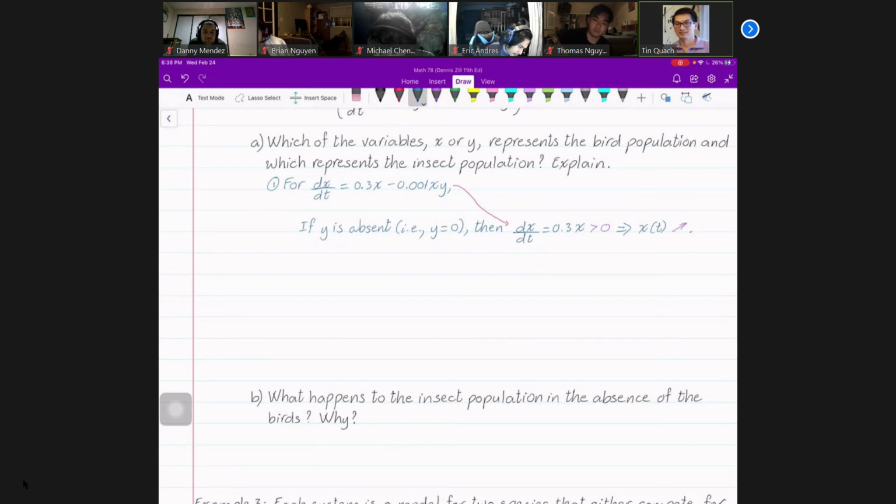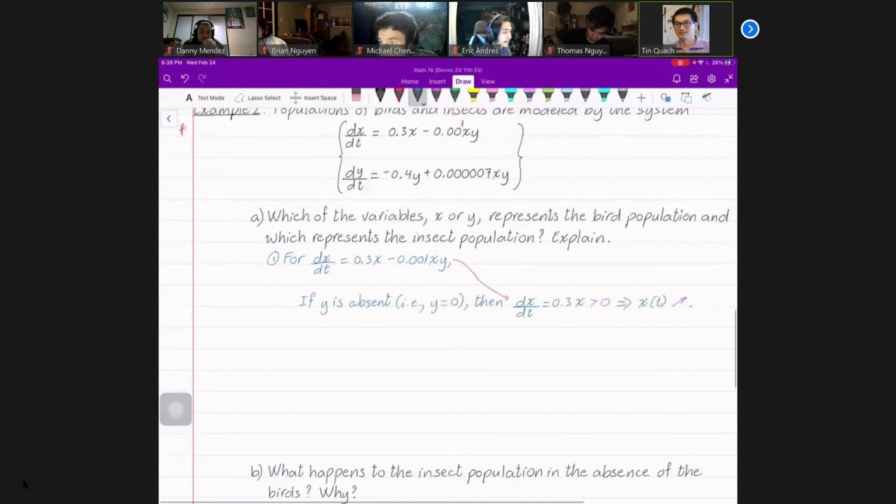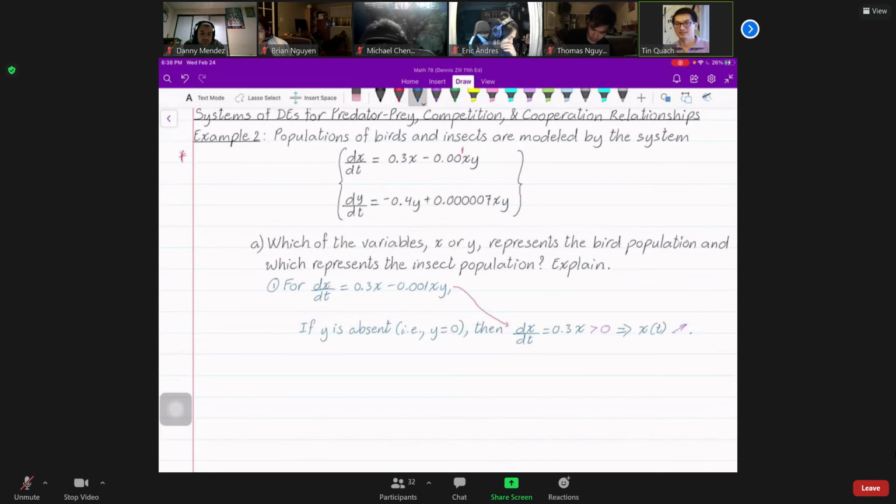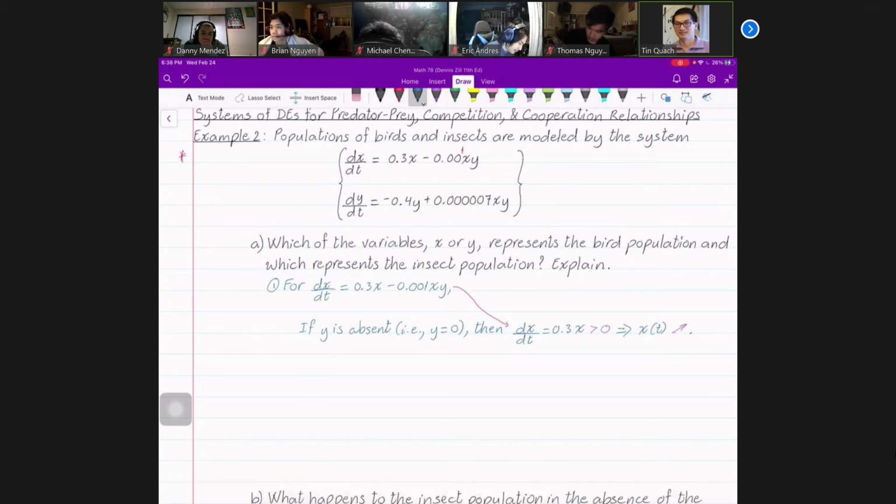So can you tell me x is for which population? Insects, right? Because if the y is absent, the population of x is increasing. That means if birds are absent, insects continue to grow because the birds are not eating them, because they are not there. You see? So that's how you can tell, by using derivatives.